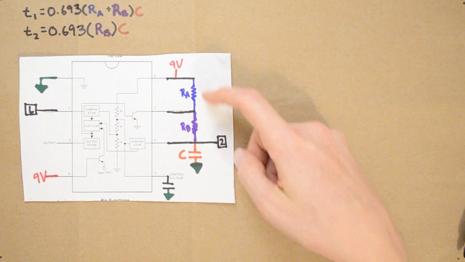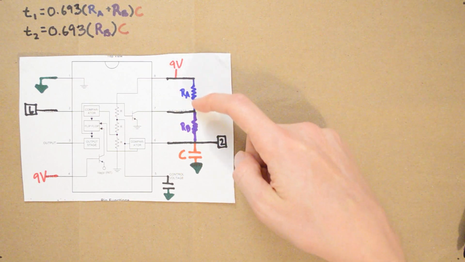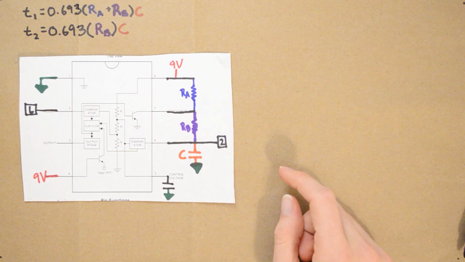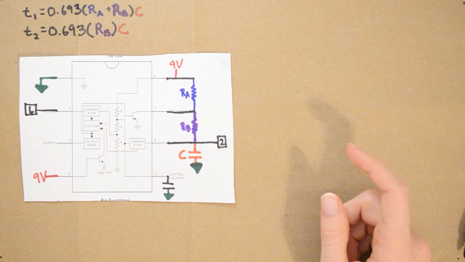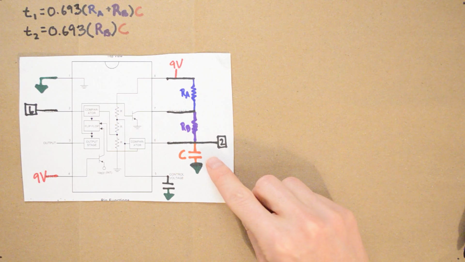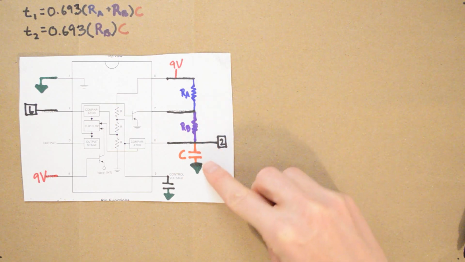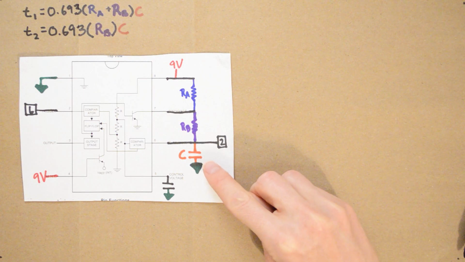That's kind of a delaying factor for the current to go through RA and RB to charge capacitor C. So you can see the time it takes to charge this capacitor depends on the current flowing through RA, RB, and then charging C to whatever value, in this case 2/3 of the source voltage.